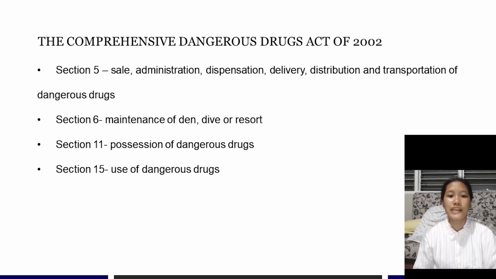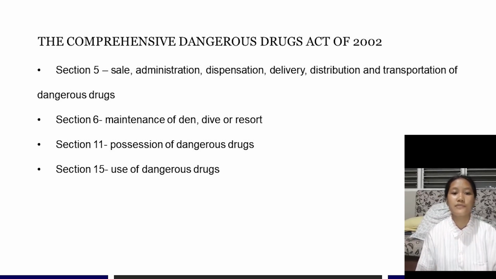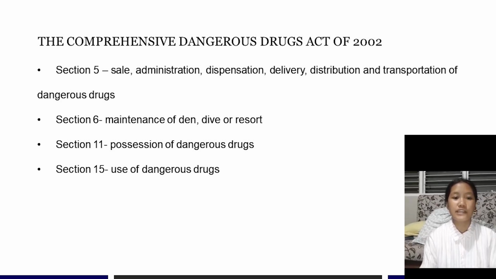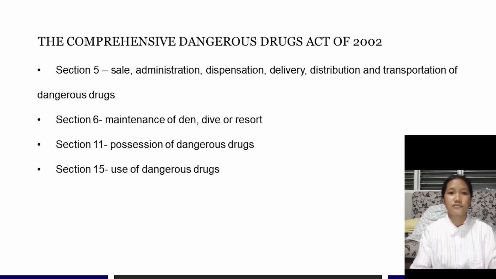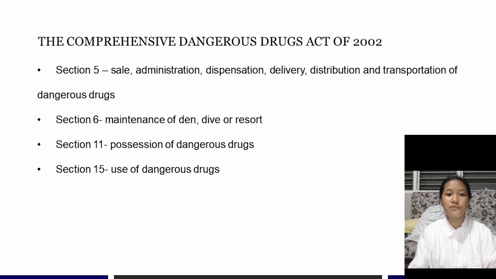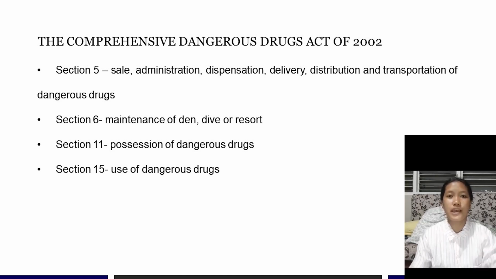Number 2. 10 grams or more of morphine. Number 3. 10 grams or more of heroin. Number 4. 10 grams or more of cocaine or cocaine hydrochloride. Number 5. 50 grams or more of methamphetamine hydrochloride or shabu. Number 6. 10 grams or more of marijuana resin or marijuana resin oil. Number 7. 500 grams or more of marijuana.